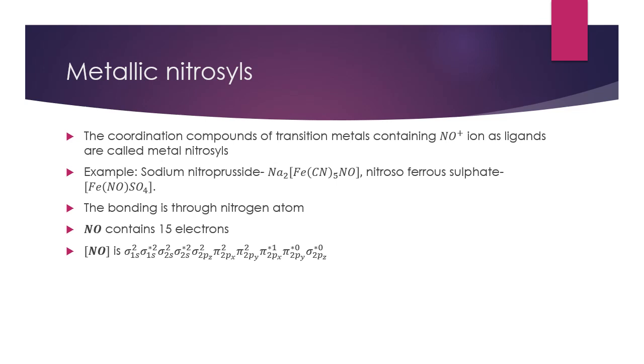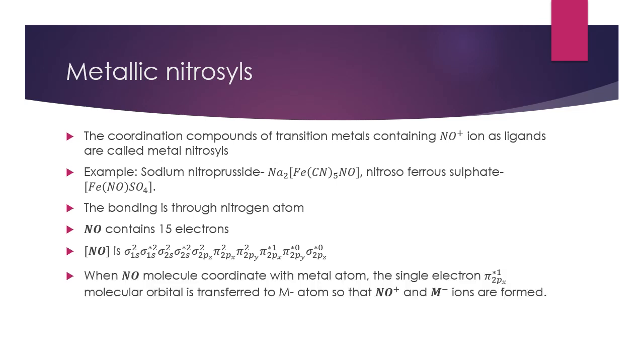When the NO molecule coordinates with a metal atom, the single electron in the pi star 2px, the anti-bonding molecular orbital, is transferred to the metal atom, so that NO plus and the metal's reduced form are formed. The NO plus ion is isoelectronic with carbon monoxide, and therefore it acts as a 2 electron donor.